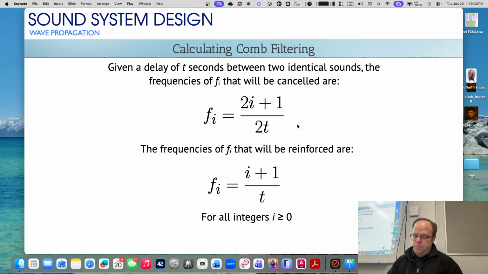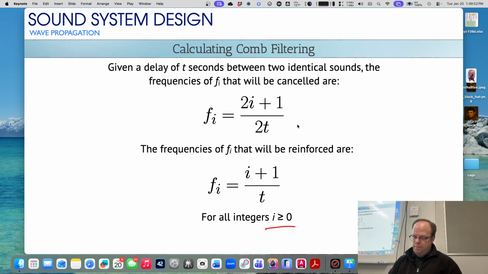So we are using a variable I here, and I is an integer value greater than or equal to 0. All integer values greater than or equal to 0. So you start at 0 and you keep going forever.